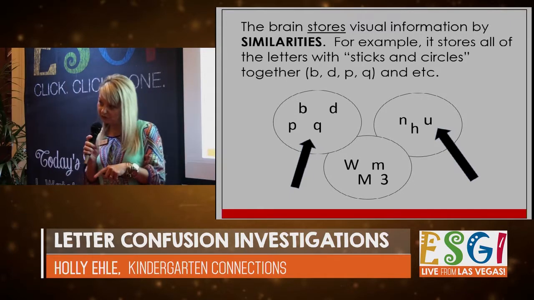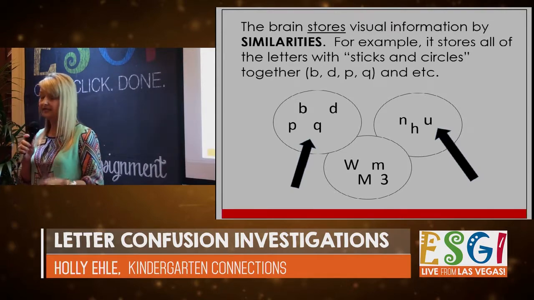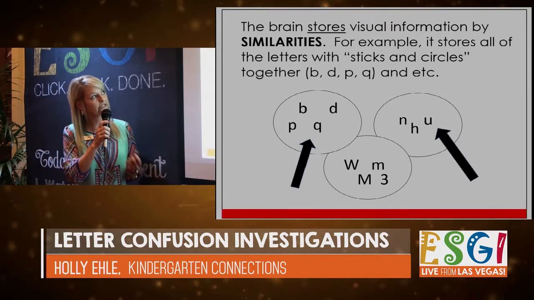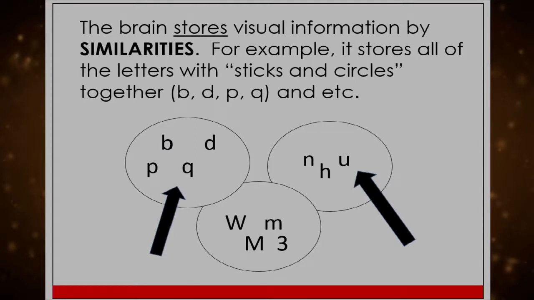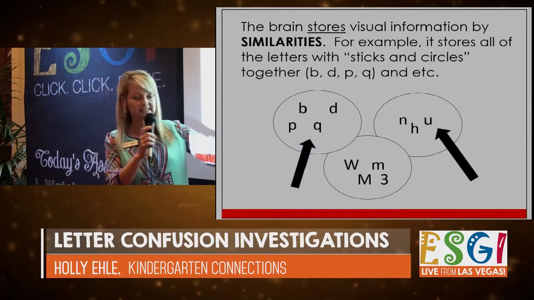Before I tell you how to solve them, I'm going to talk a little bit about why they occur to begin with. And we know from brain research that the brain stores information by similarity. So for example, when learning letters, the brain stores all of the letters that look visually similar. It's going to categorize letters with sticks and circles together, and perhaps other letters with sticks and curves together.